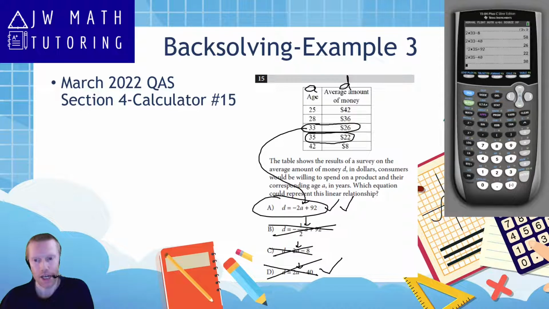And then once you've done that, you have the equation. And that's fine. I just want to show that this is an example, again, of a type of problem where if you have points like this, you can plug them into the equations or into the formulas and see which formula, basically at least one or in this case 2 of the points work in, to determine the correct answer.